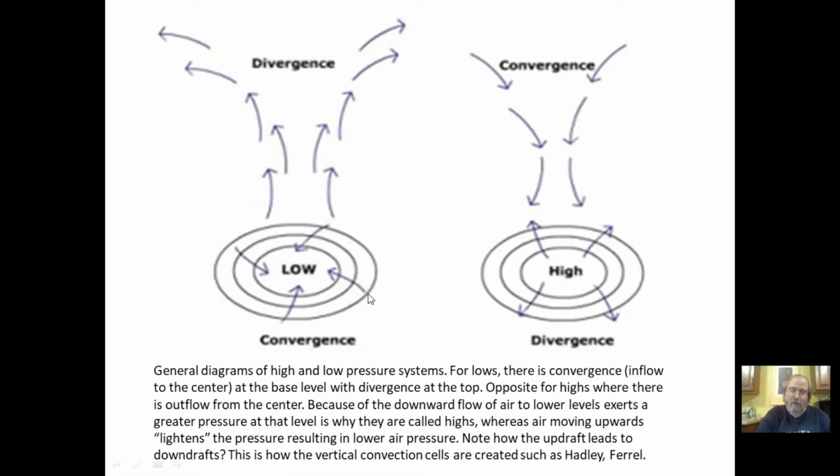This flows outward, it flows inward here, etc. Downward flow of air to lower levels exerts a greater pressure at that level, hence it's called a high, whereas air moving upwards, quote unquote, lightens the pressure, resulting in lower air pressure. Updraft leads to downdraft. As I just mentioned, this is how vertical convection cells are created, such as the Hadley and Ferrel.